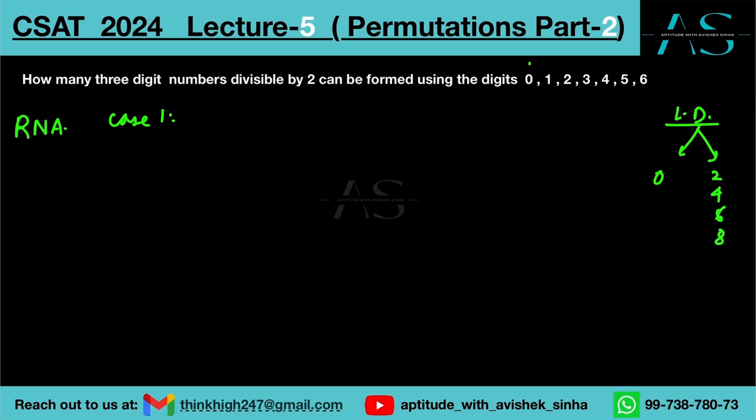Since we have 0 in the option set, therefore we are trying to solve it as part of different cases. Case number 1, wherein we place either 2, 4 or 6 here. And case number 2, wherein we place 0 in the last spot. Okay.